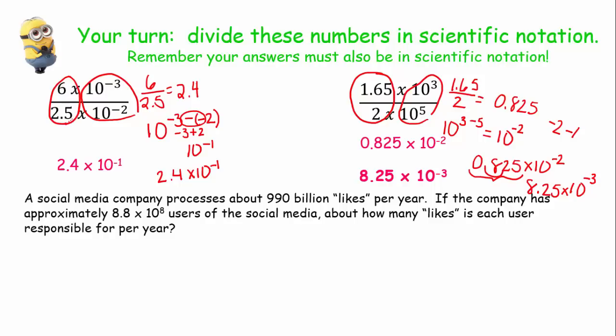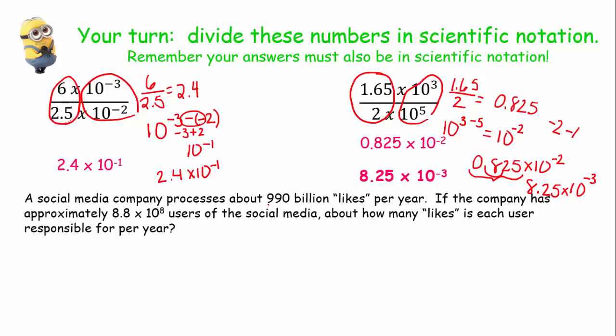So now we're on to the word problem. I like to read it through. A social media company processes about 990 billion likes per year. If the company has approximately 8.8 times 10 to the 8 users of the social media, about how many likes is each user responsible for per year?